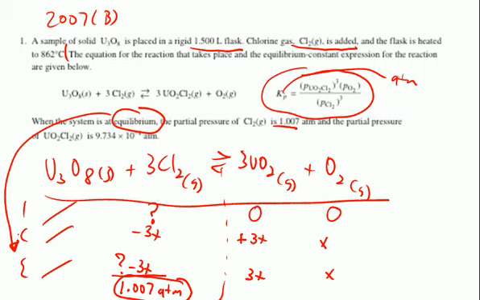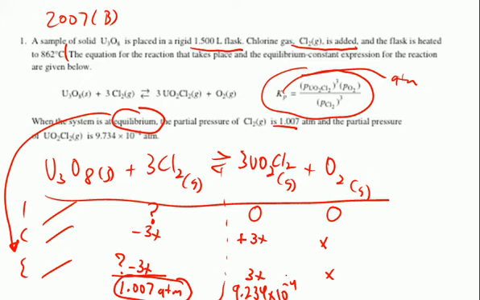The pressure of UO2Cl2 is 9.734 times 10 to the negative fourth.